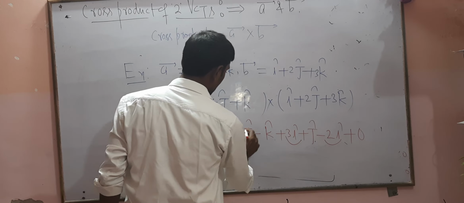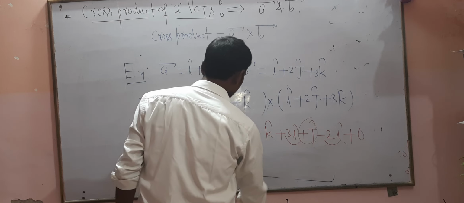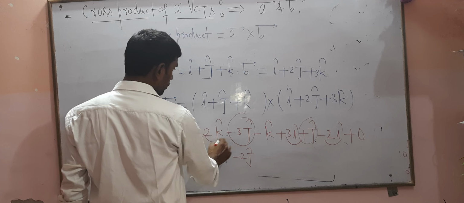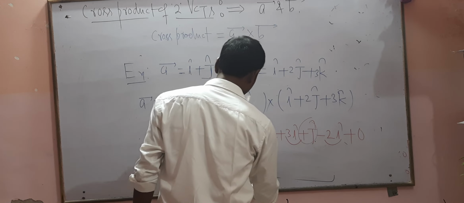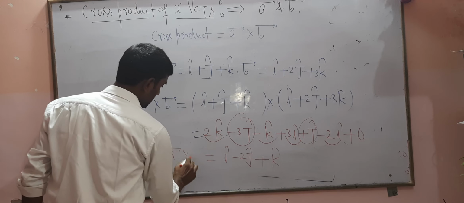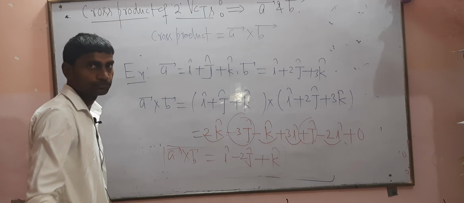Next is j cap: 3j cap plus j cap minus 2j cap, which is j cap. Next, 2k cap and minus k cap, which is plus k cap. This implies that A cross B is this. Okay? Note down. Thank you.